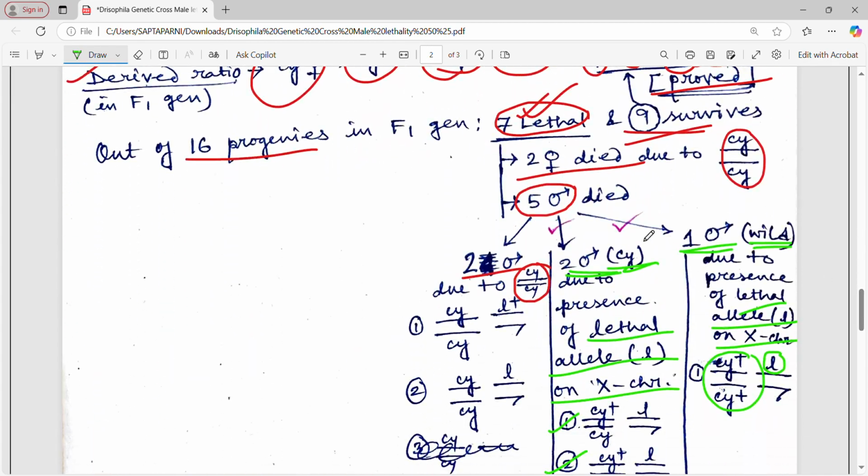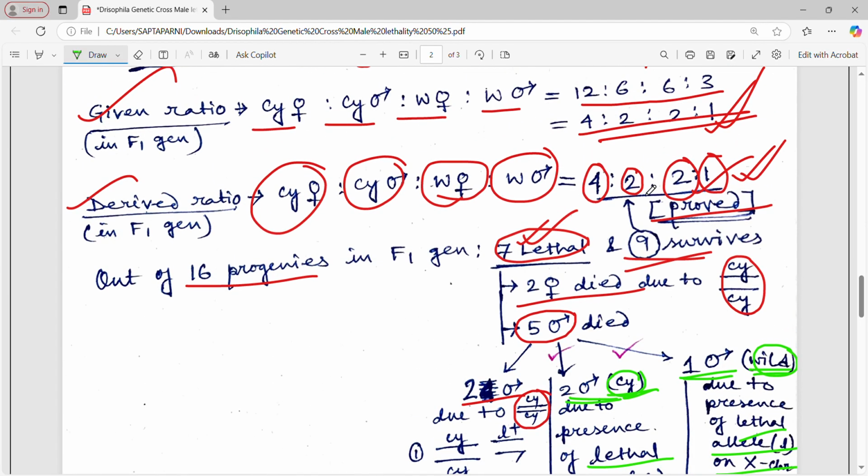So see here, these two Curly males and this one wild male, these three are dead due to presence of only L allele on their X chromosome. You can now see that there were 4 Curly females, so there should be 4 Curly males too, but 2 Curly males are dead due to presence of lethal alleles.